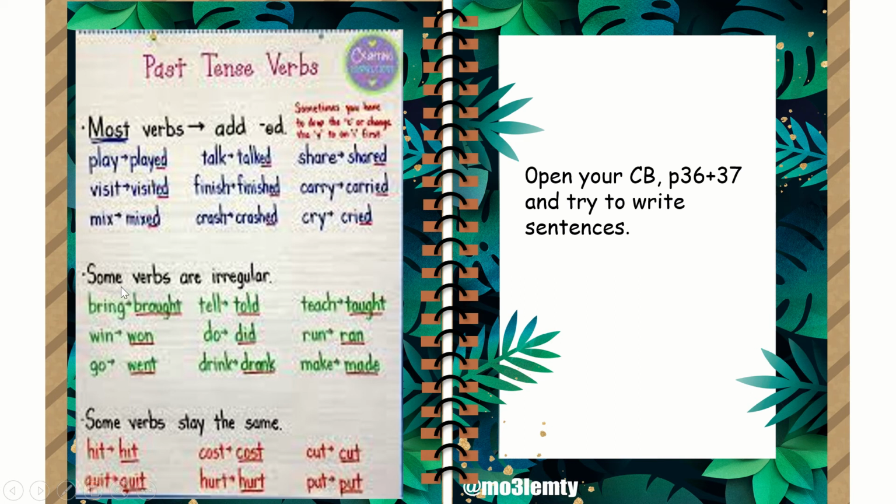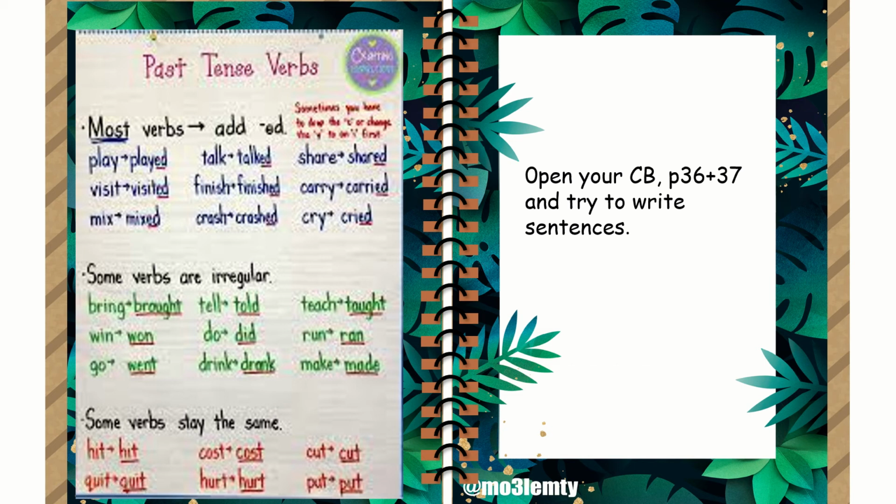Okay, some verbs are irregular, so we will change them. For example, bring, brought, win, won, go, went, tell, told, do, did, drink, drank, teach, taught, run, ran, make, made. And some verbs stay the same. For example, hit, hit, cost, cost, cut, cut, quit, quit, hurt, hurt, put.